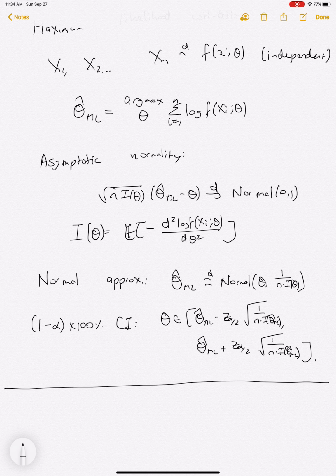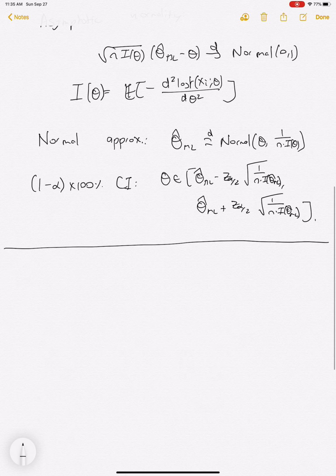When we introduced this notion of Fisher information, which is related to the double derivative of the log, you can show that if you scale by n in this Fisher information, then you get asymptotic normality. So you can use the normal approximation and get confidence intervals, whether they be 95% or any other percentage, just using the normal table and what you know about finding confidence intervals when you know the asymptotic variance.